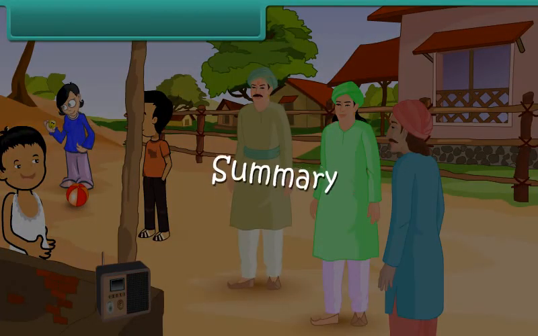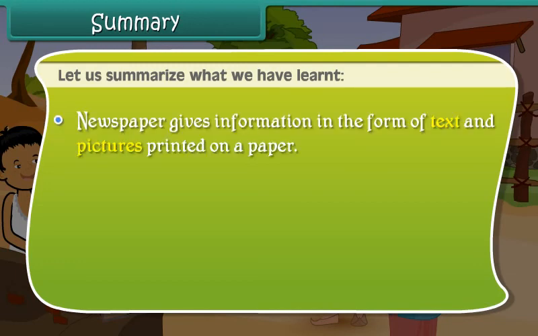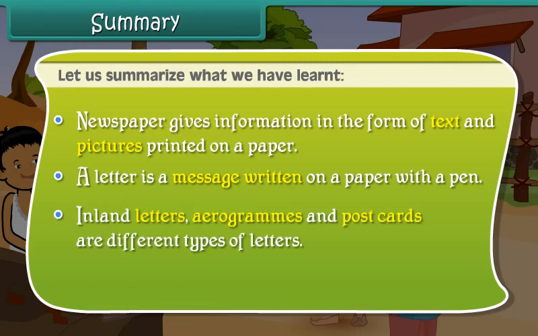Summary. Let us summarize what we have learned. Newspaper gives information in the form of text and pictures printed on paper. A letter is a message written on paper with a pen. Inland letters, aerogram, and postcards are different types of letters.